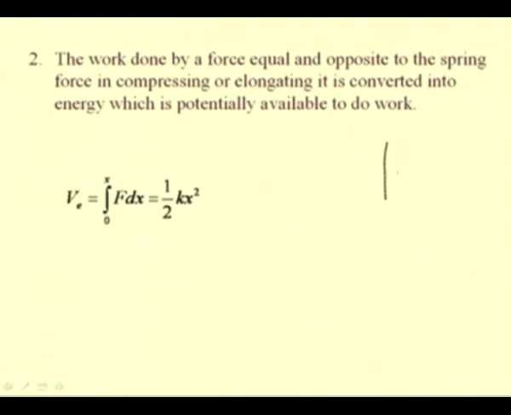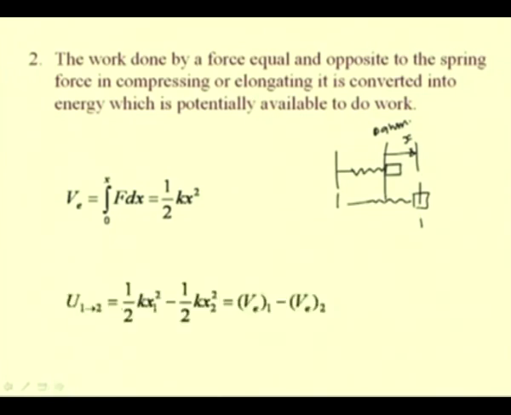Let us say this is the datum position and the block is here and it is being elongated to a new position which is x from the datum, and this is available as the elastic potential energy for any given position.